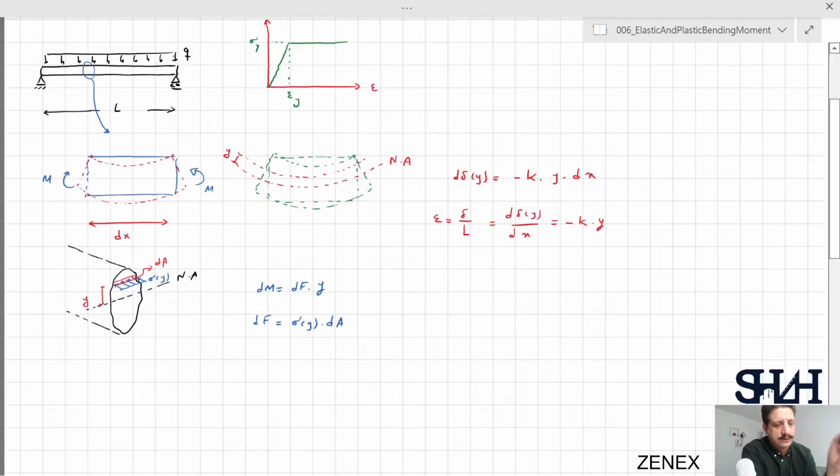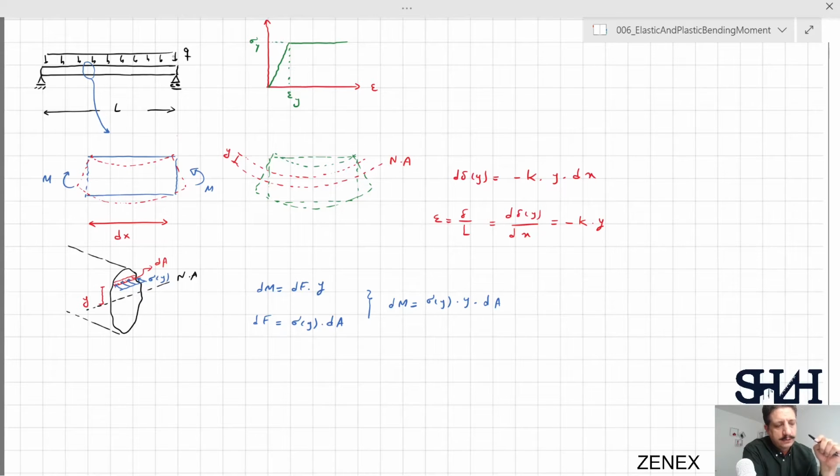Sigma is a constant value at the elevation of y, and dA is the differential of area, so stress times area will be the force. As a result, dM will be sigma at the elevation of y, times y, times dA. So this is the equation, no doubt.